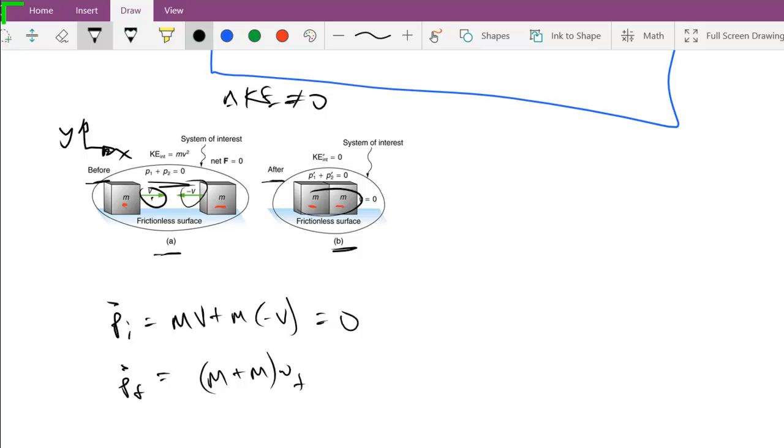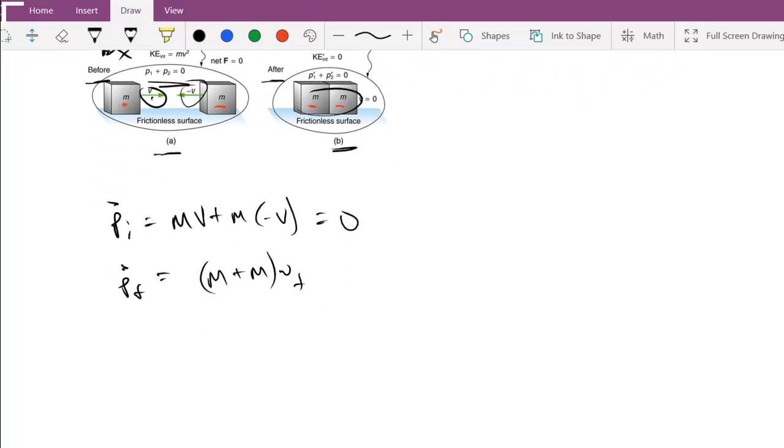And so, since in any collision we have initial momentum equal to the final momentum, we must have 0 is equal to the two masses, so this would be 2m times the final velocity. Because the mass is not 0, the only thing that can be equal to 0 is the final velocity. So they have come to a rest, which is exactly what we would expect.